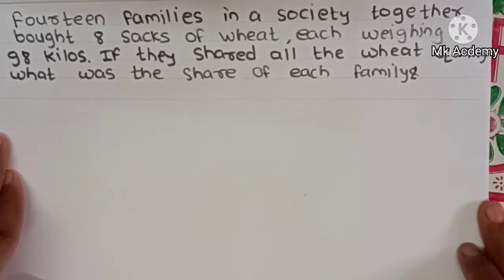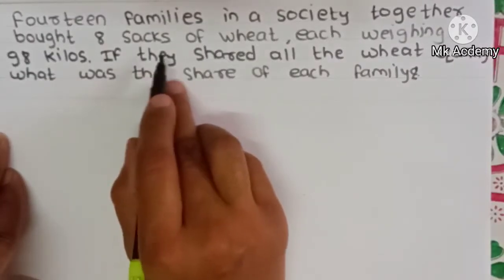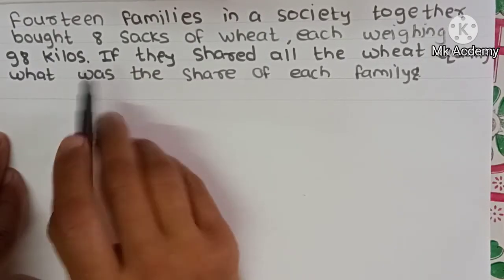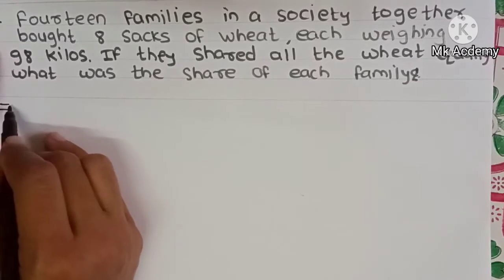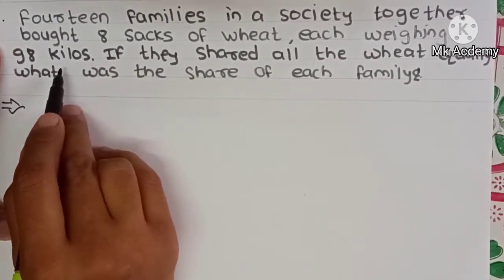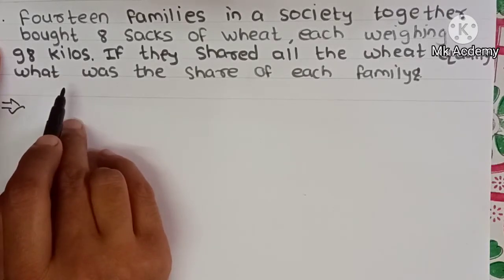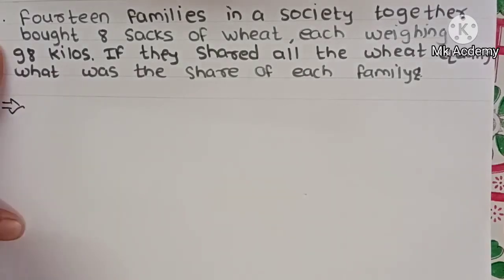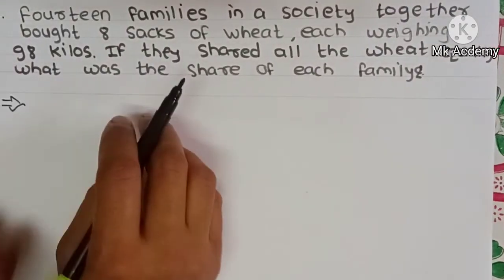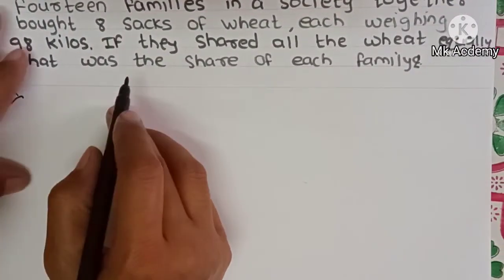What is given? 14 families in a society together bought 8 sacks of wheat, each weighing 98 kilos. Now see, first we have to calculate the total weight.